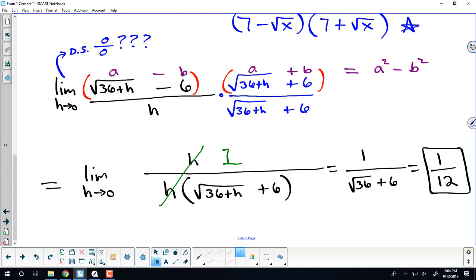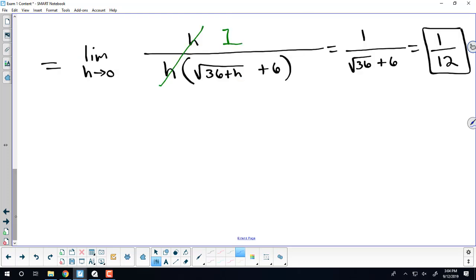So when you get 0 over 0, algebra is involved. However, if it's some number over 0, then this is approaching positive or negative infinity, depending on the sign that you're approaching 0 through.